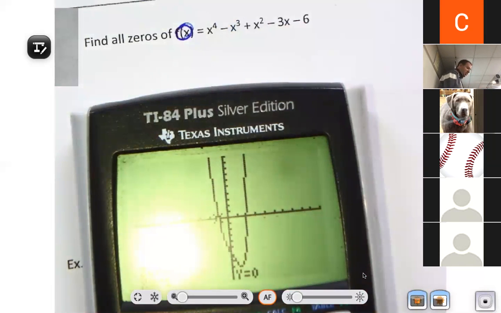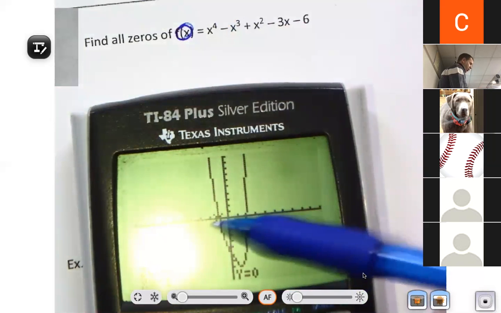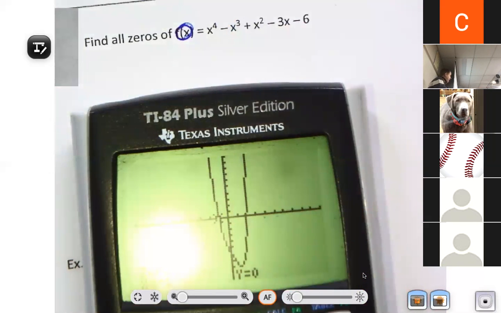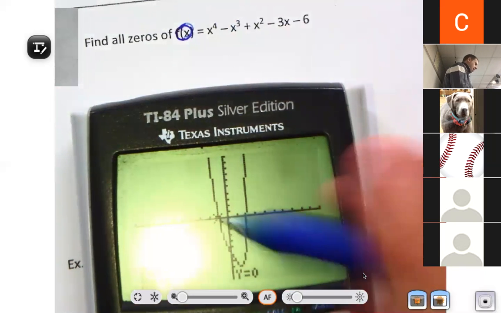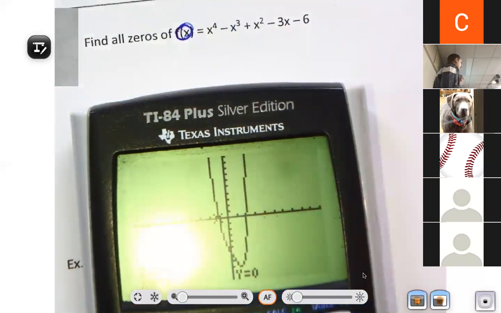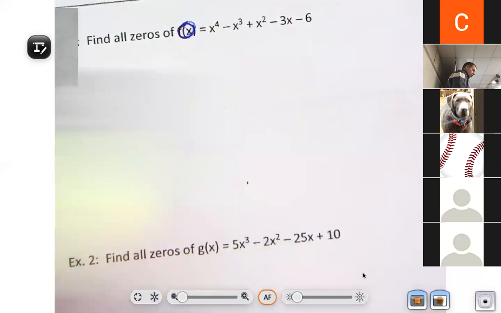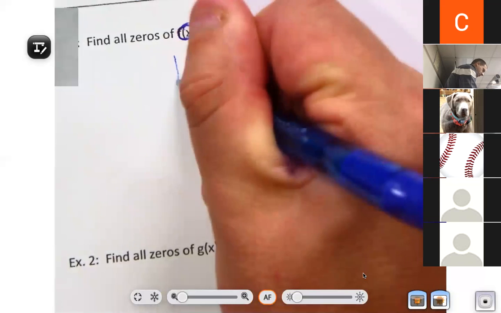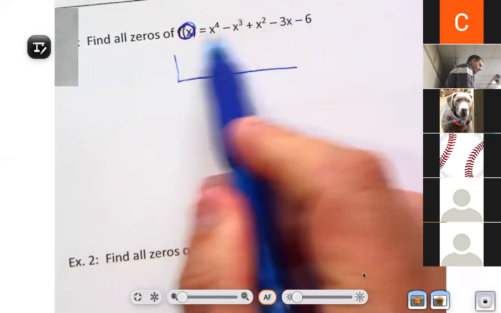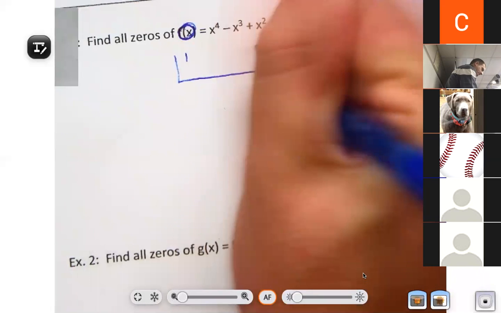Well, we can see 2 of them right here. But what if there's 2 more, and we're going to have to find those somehow? And the way we find those, we're going to start with synthetic division, and we're going to use -1 to chop this down at least to an x cubed. That's how we're going to start. So we're going to do synthetic division. I'm going to put all these coefficients in the top.